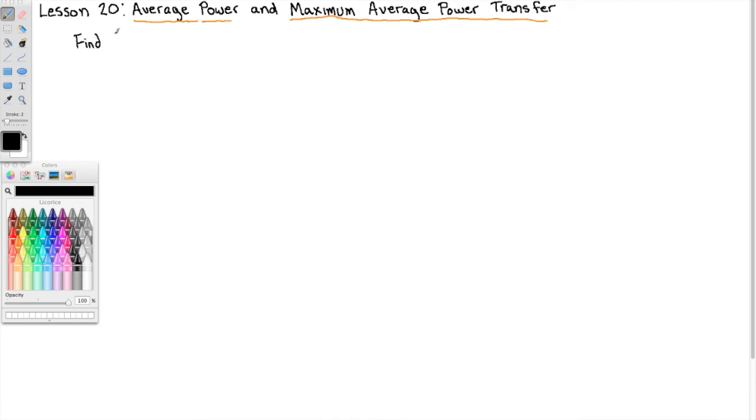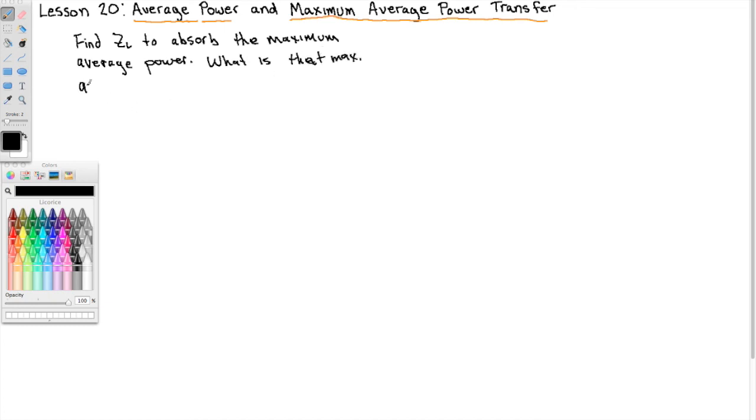Find ZL to absorb the maximum average power. What is that max average power?